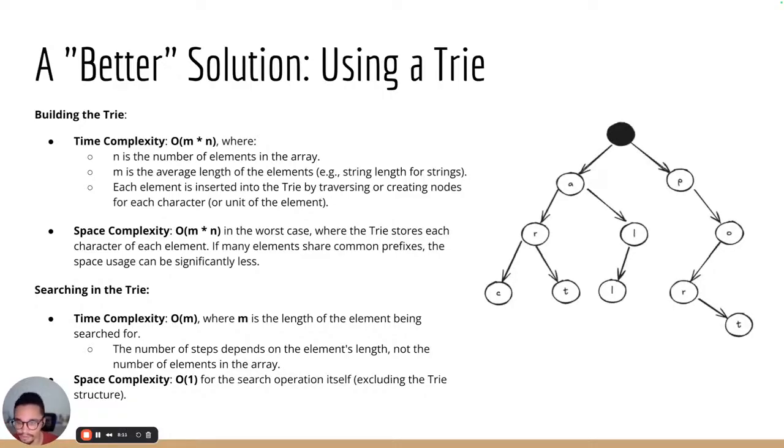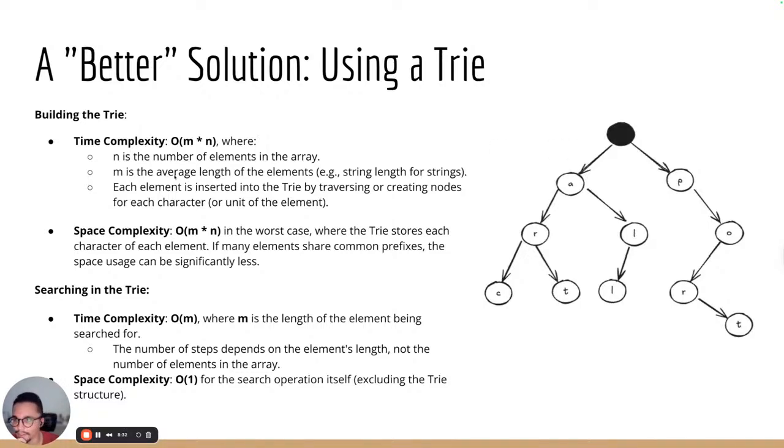A prefix tree is a data structure that is a tree, right? That stores the forbidden words, in our case each character of each word that you want to find is a node in the tree.